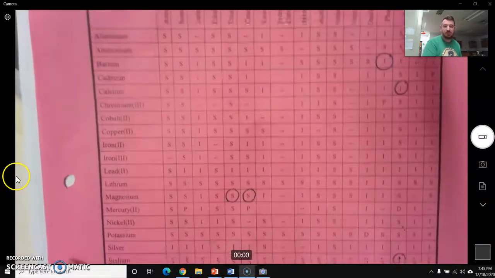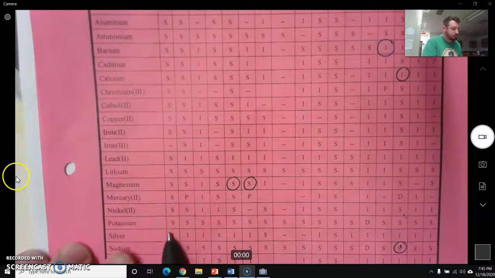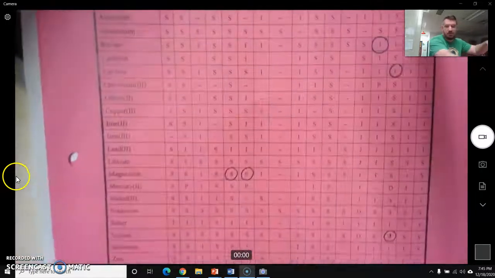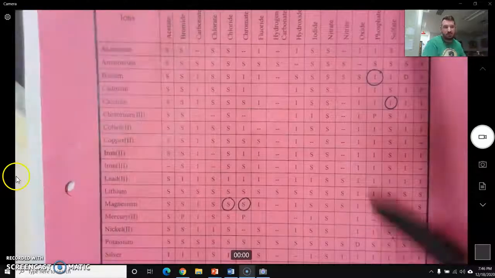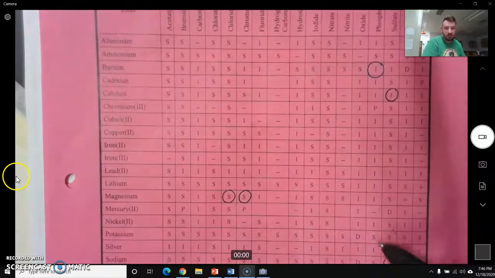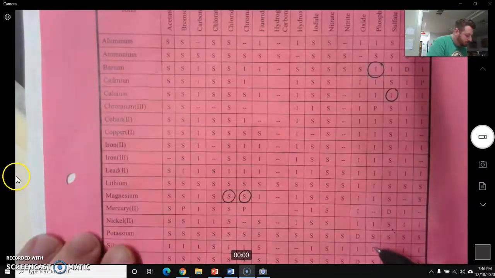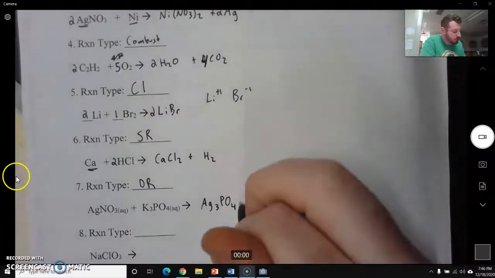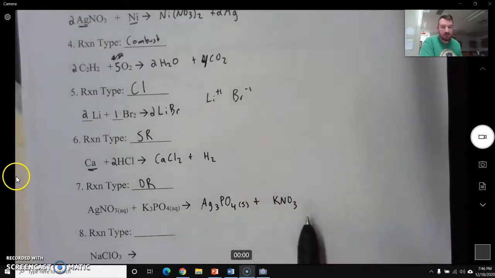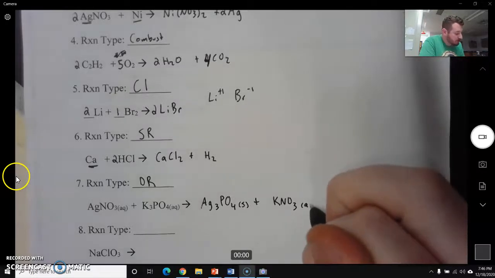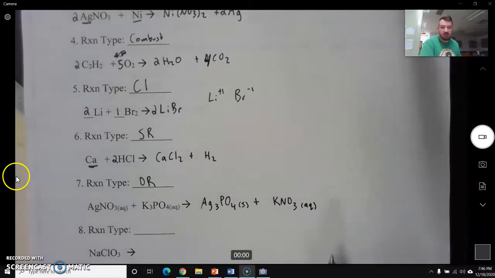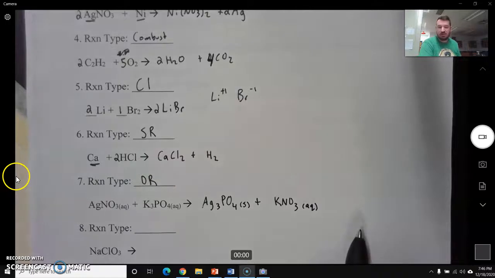If I find silver all the way at the bottom, let me bring this camera up just a little bit, and phosphate right here, we should get to silver phosphate is insoluble, so it should be labeled as a solid. And if we did the same thing for potassium nitrate, we would see that it should be aqueous.